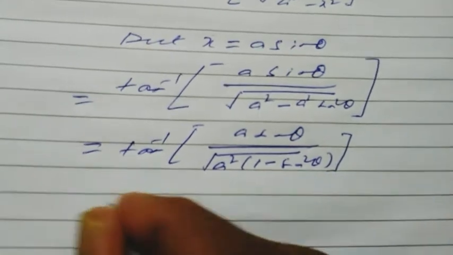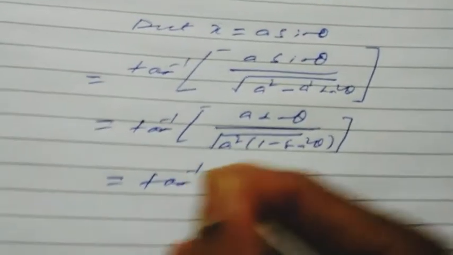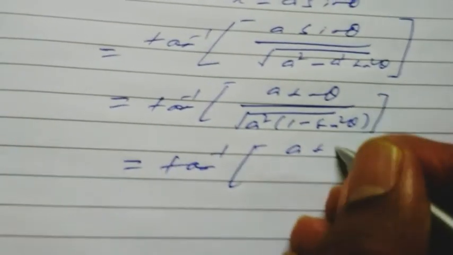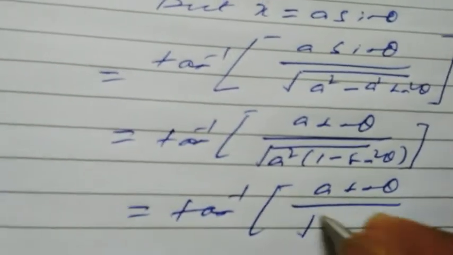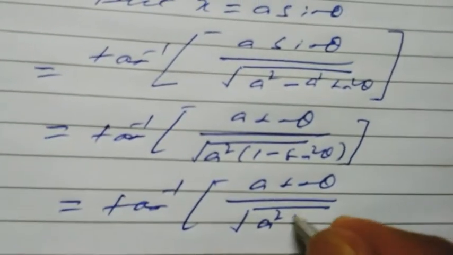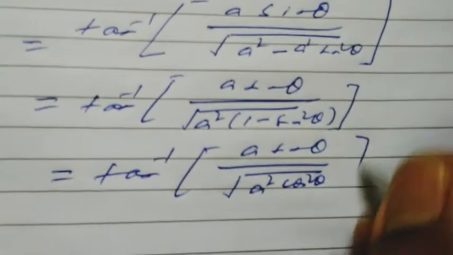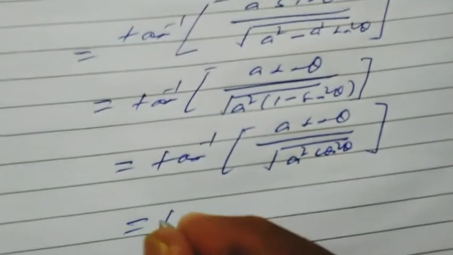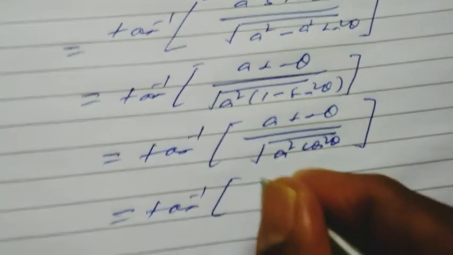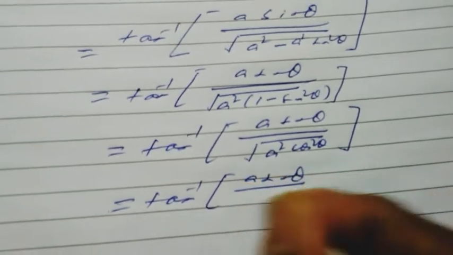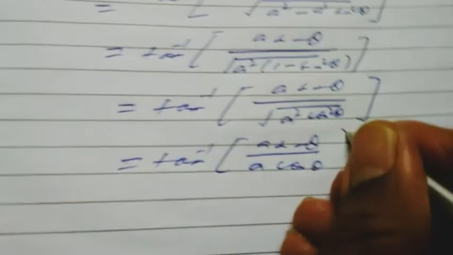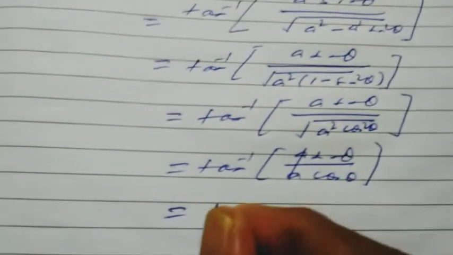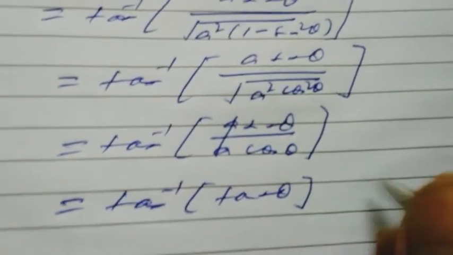That will be tan inverse of a sine theta upon root under a square cos square theta, that will finally be tan inverse of a sine theta upon a cos theta, and then it will be tan inverse of tan theta, and finally tan will go out.